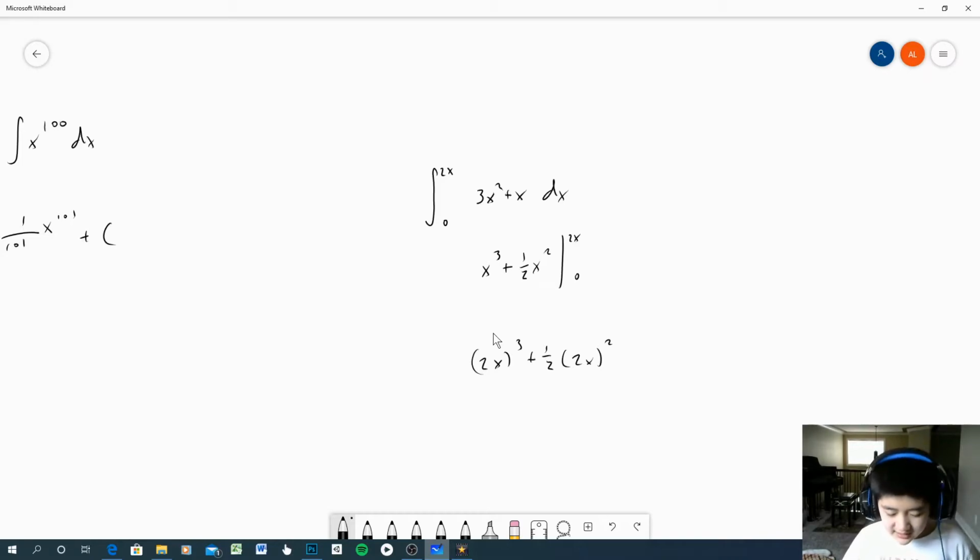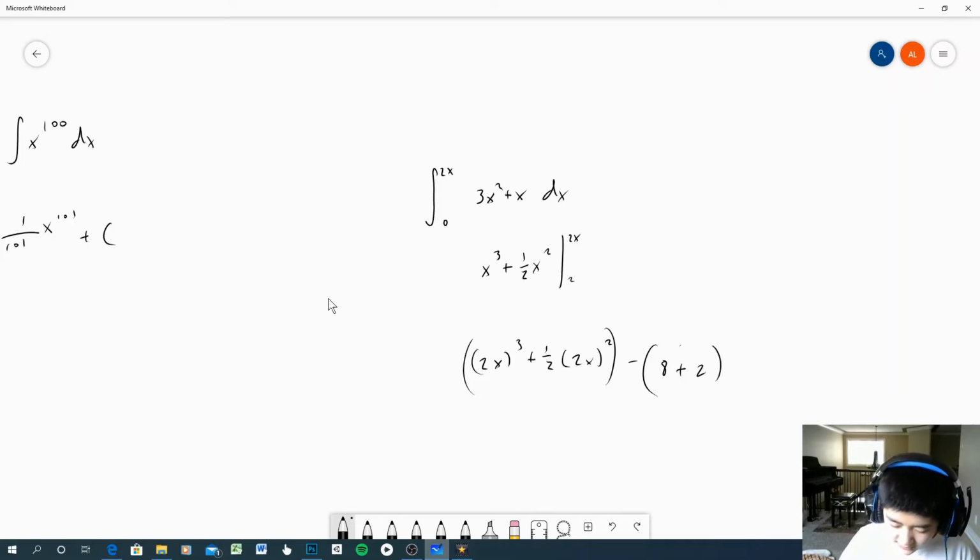But what if it wasn't 0? What if it was, say, 2? Well, then we'd have to substitute this into there. So we'd bracket this off, subtracted by 2 to the power of 3, which would be 8, plus 1 over 2 times 2 to the power of 2, which is 2.